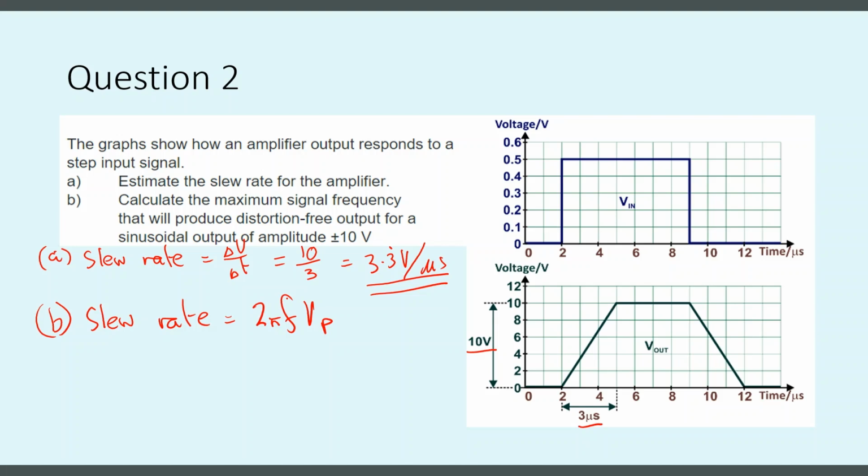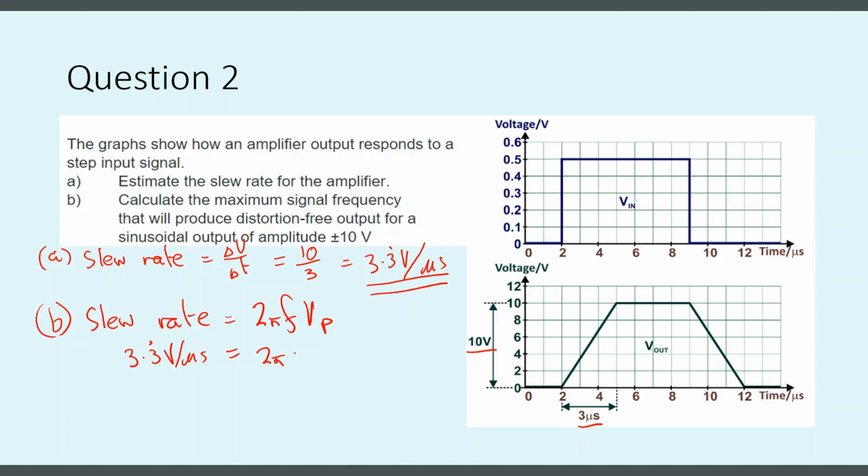So we just put this all in. So this is 3.3 recurring volts per microsecond. We might need to convert this to volts per second in a minute, or we can leave the frequency per microsecond. We just need to be careful.